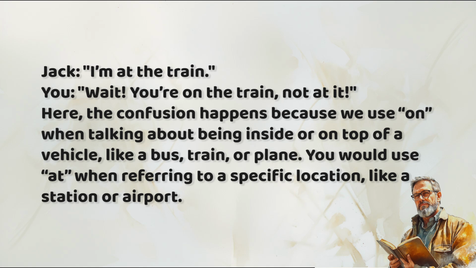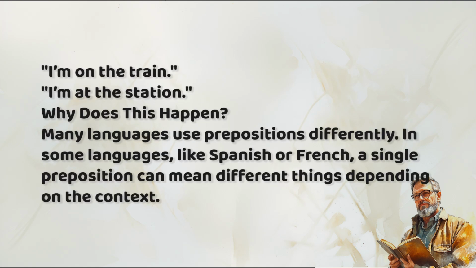Here, the confusion happens because we use on when talking about being inside or on top of a vehicle, like a bus, train, or plane. You would use at when referring to a specific location, like a station or airport. Correct sentence: I'm on the train. I'm at the station.